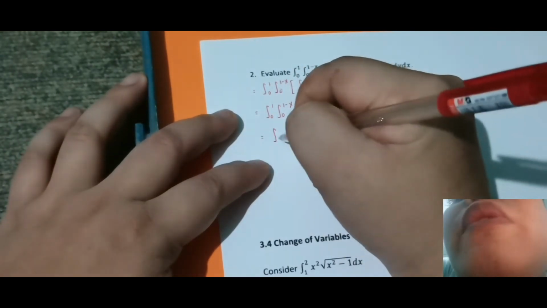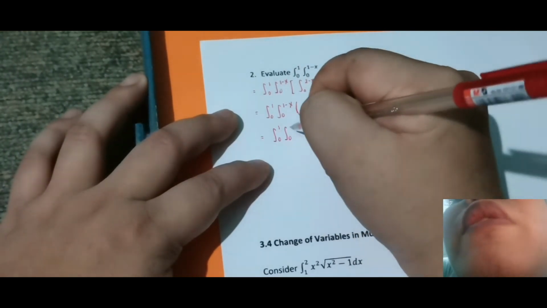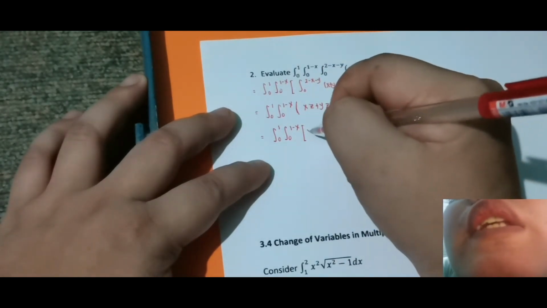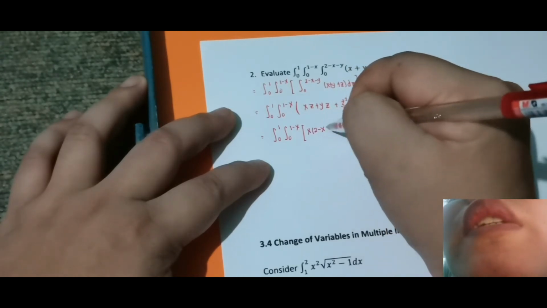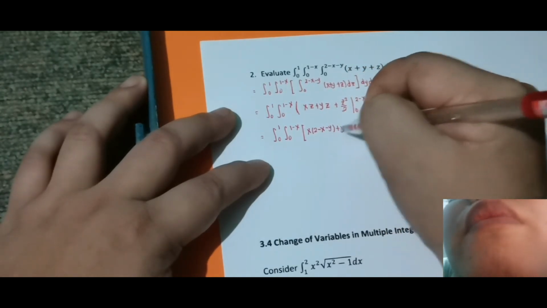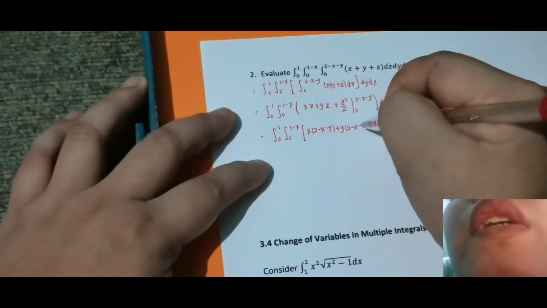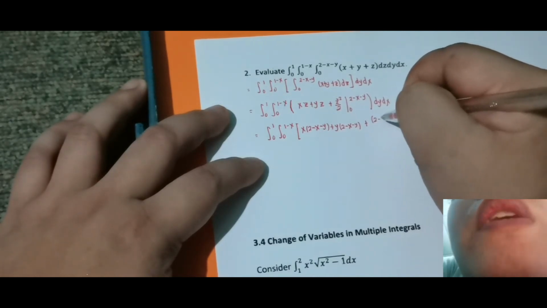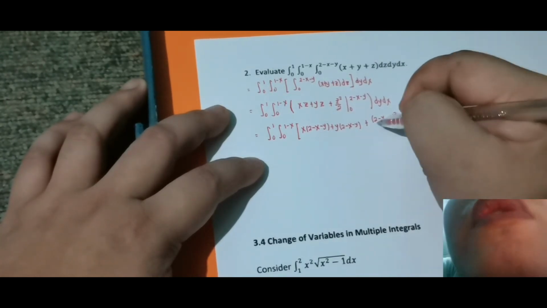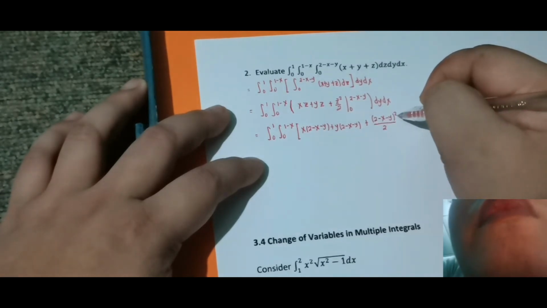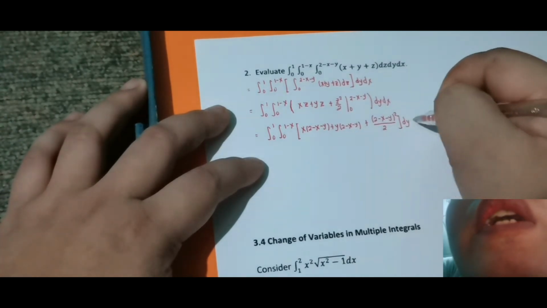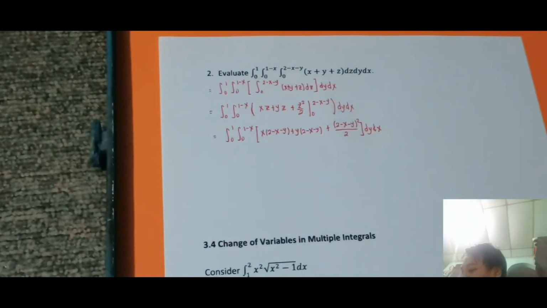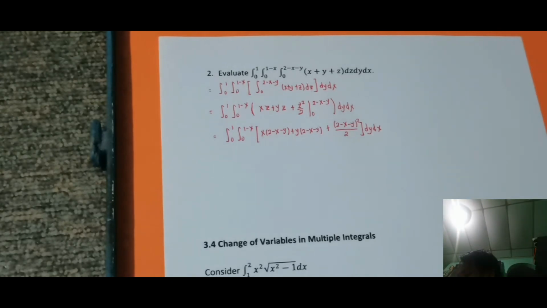So, this is integral from 0 to 1, integral from 0 to 1 minus x, of x times 2 minus x minus y plus y times 2 minus x minus y, plus 2 minus x minus y raised to 2 all over 2, dy dx. Okay, so paano kaya natin siya gagawa ng paraan para masolve ng madali, or something na masimplify.